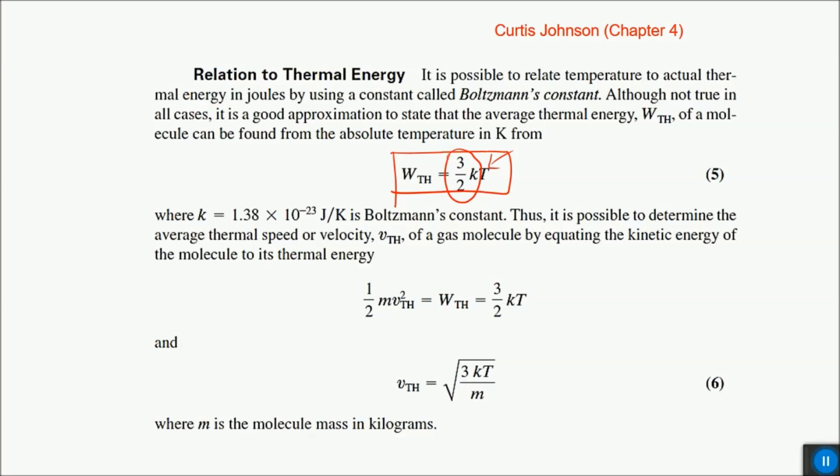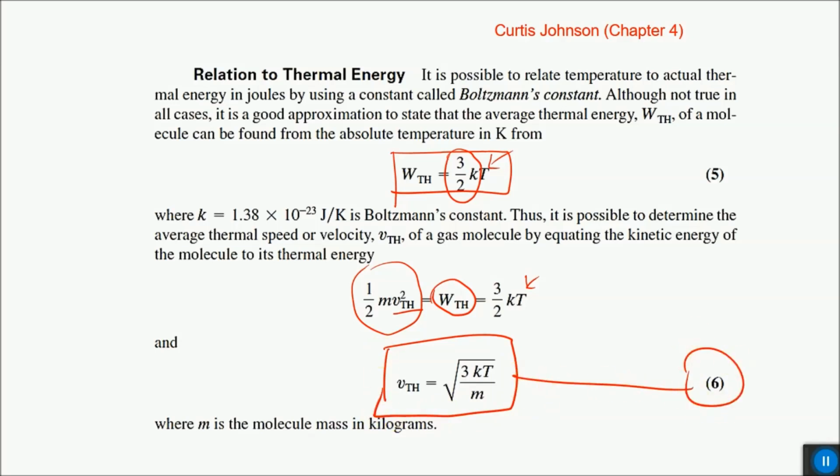And again, it is possible to further relate this temperature to the thermal velocity of the molecules inside that material, because we know that the work or the thermal energy can be represented by half mv square, where m is the mass of that material and v square is the thermal velocity square of the molecules. So the thermal velocity and the temperature can be related to each other using this equation number 6. Again, you don't have to memorize this equation.